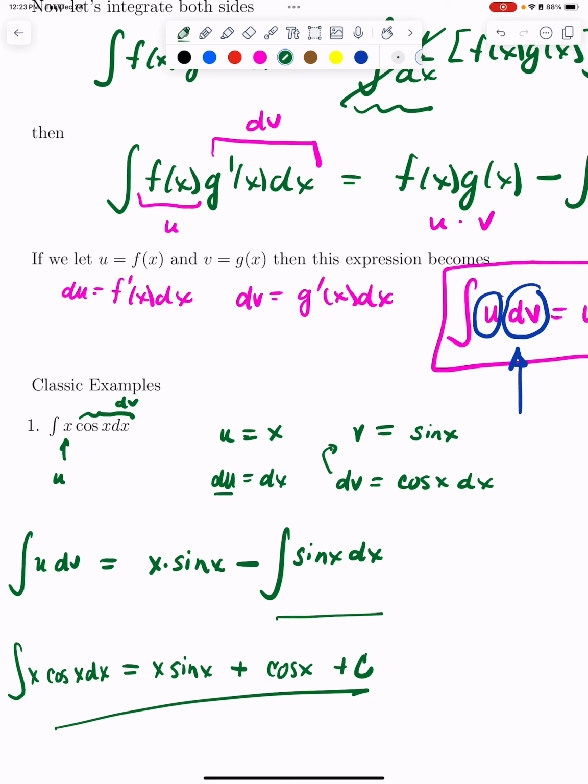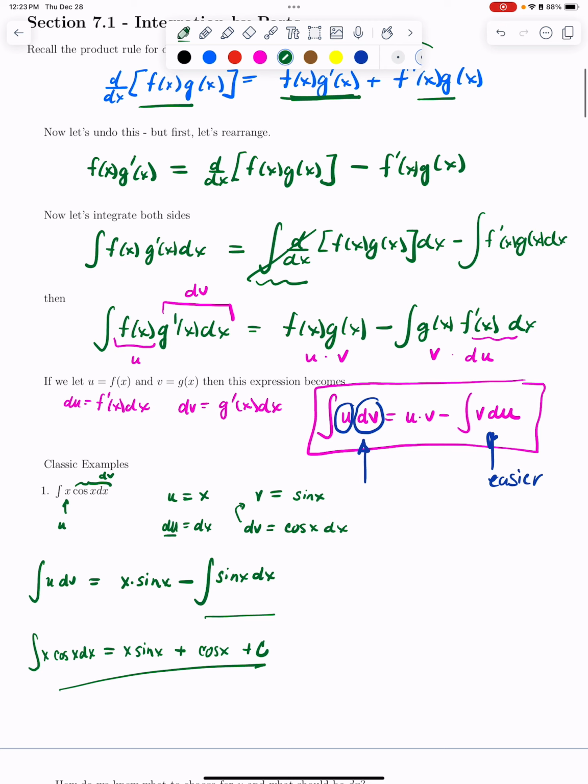So integration by parts is not bad. The trick will be what do I call u and what do I call my dv? Basically, we're trying to figure out something that, what we call u, its derivative is better, or at least not worse. And then what we call dv is when our antiderivative is better or not worse.